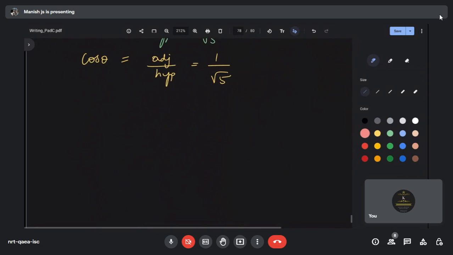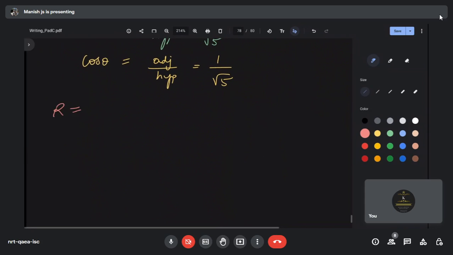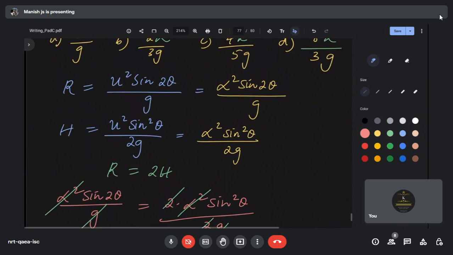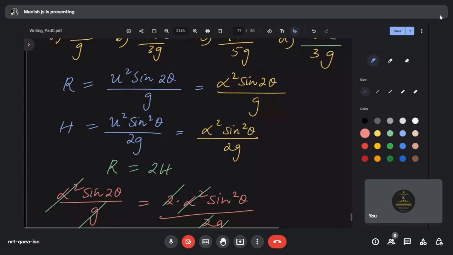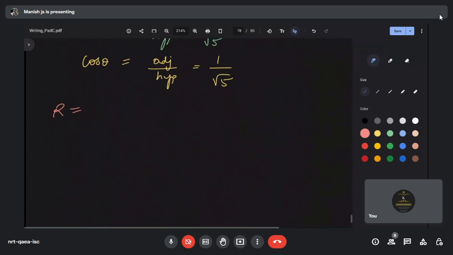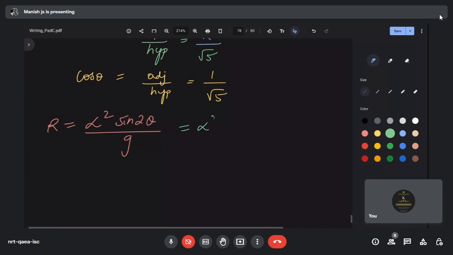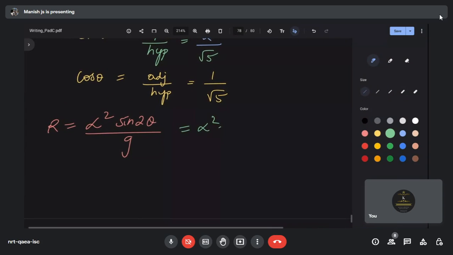Now, what is the horizontal range? R is equal to... go to the horizontal range equation: alpha square sine 2 theta by g. So this is what we have. Alpha square, and what is sine 2 theta?